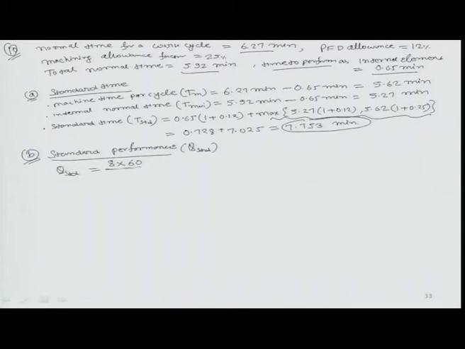Then divide by the standard time we calculated, 7.753. So that will be equal to 61.9 pieces. By rounding off, it means approximately 61 pieces.